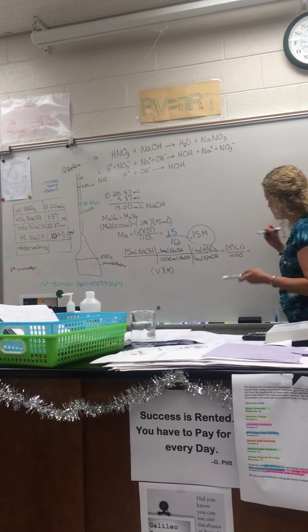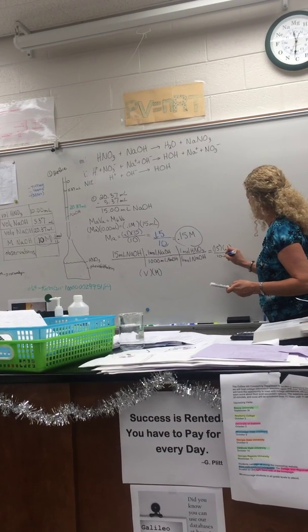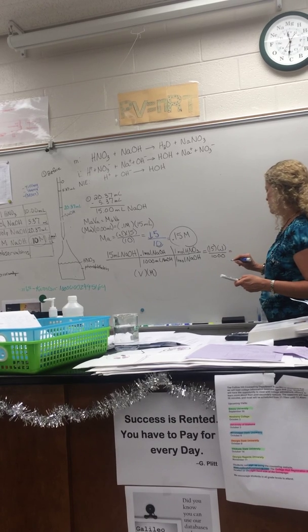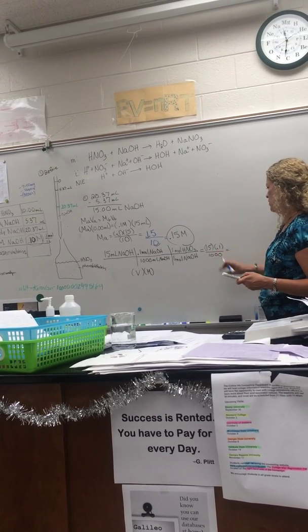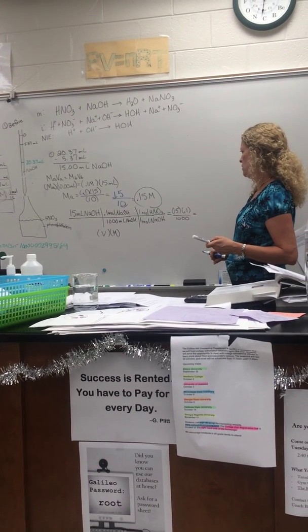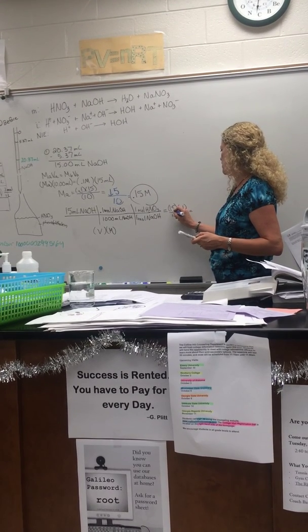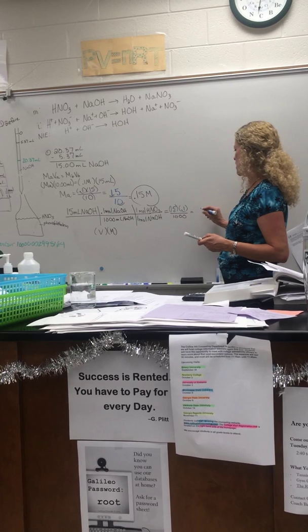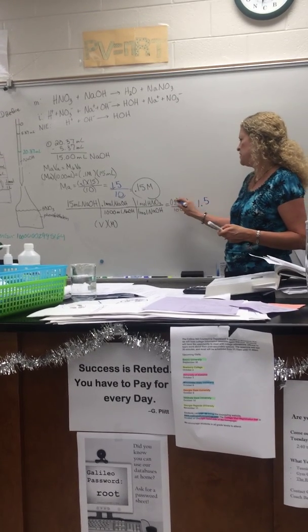If we have to move this over to make 1, then we move this over, we move this over, and we get 1.5. So we have 15 times 0.1.